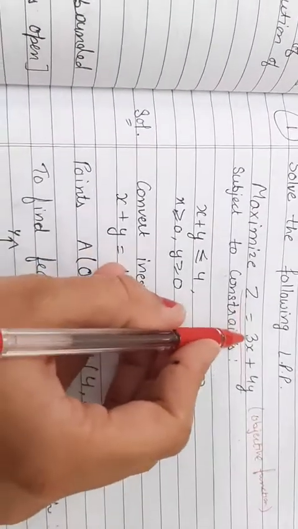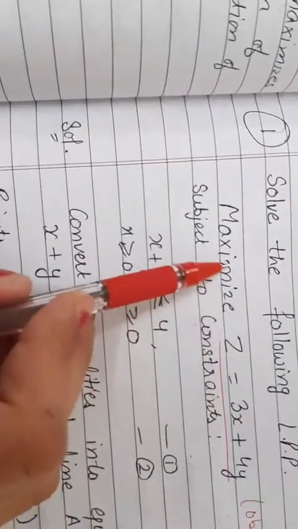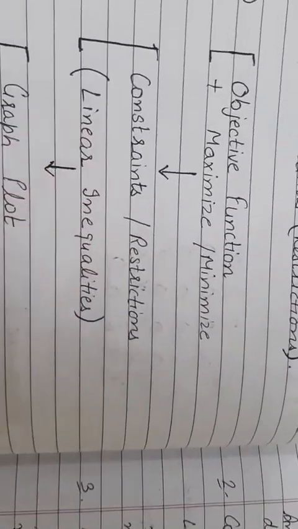As I told you stepwise, I am comparing here. This is your first step, that is your objective function, which can be maximize or minimize, but here it is written with maximize. Now your second is constraints, that is linear inequalities.